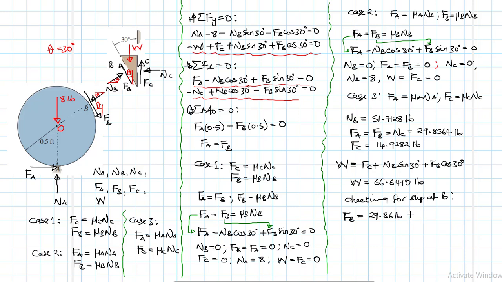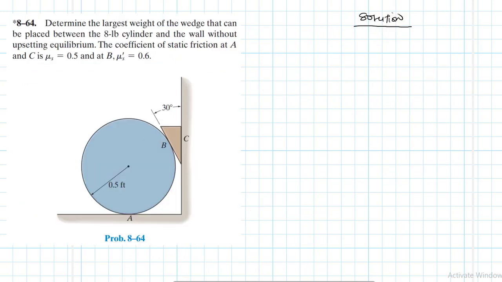And then this is going to be less than the maximum friction at B, which is mu B times NB. The friction coefficient at B, we've been told, is 0.6.